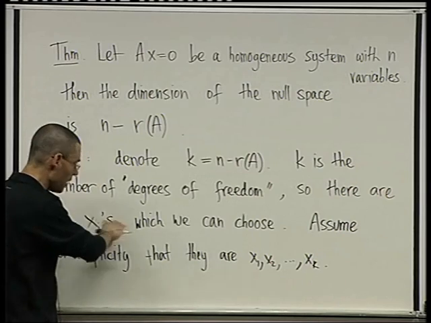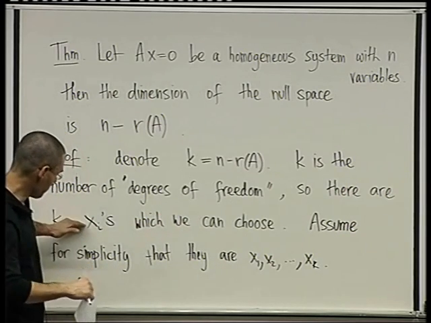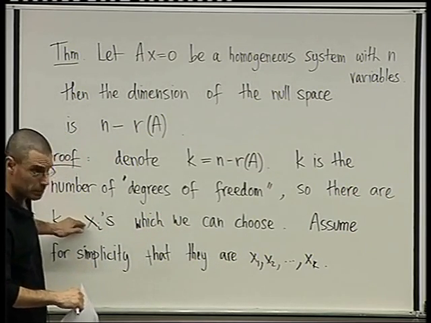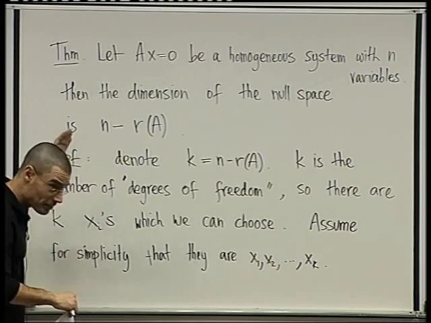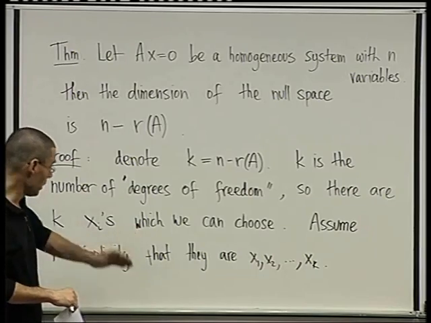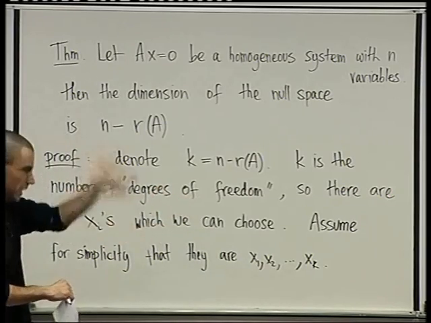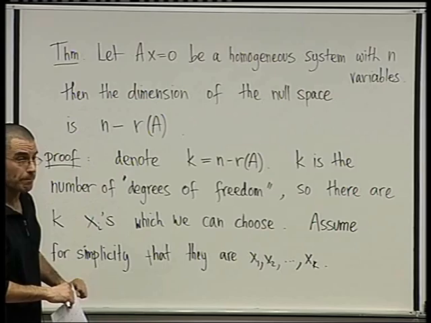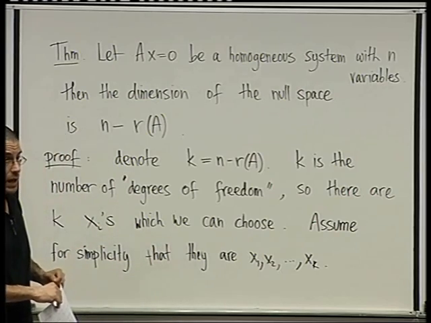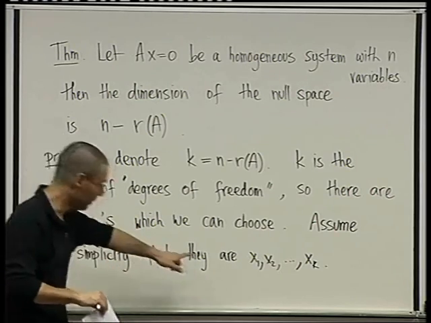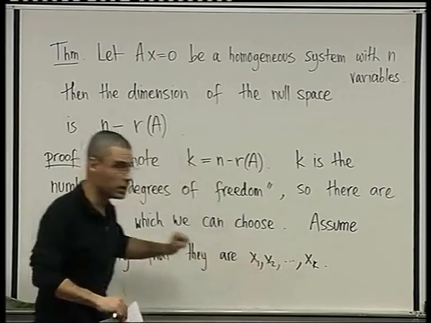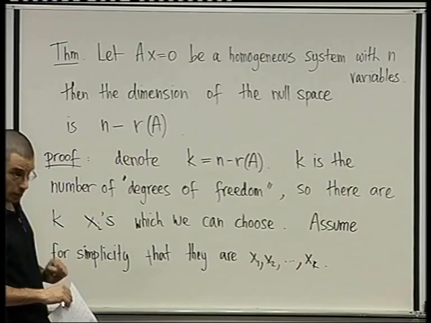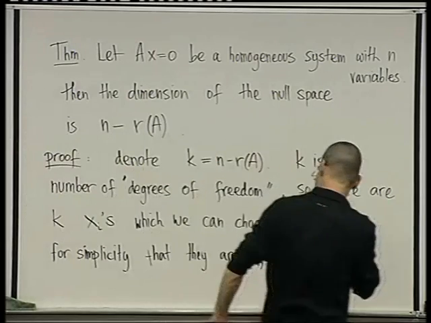So these are the degrees of freedom. We can choose them randomly, whatever we want, arbitrarily, but then the rest are fixed. All the rest, xk plus 1, is some linear combination of the first xk ones. And xk plus 2 is some linear combination of these. And xk plus 3 is some linear combination of those. Good? Okay.